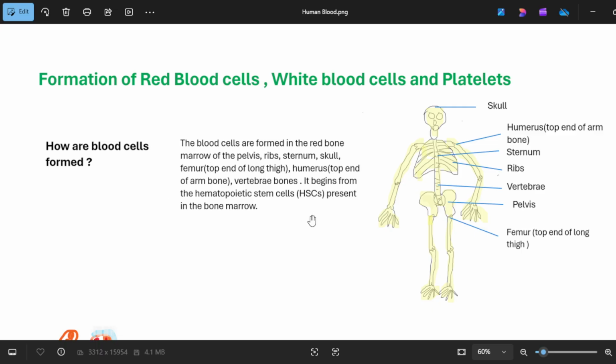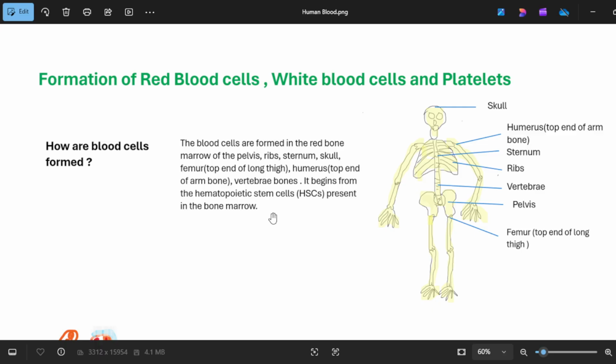Okay, inside that red bone marrow, we have stem cells called hematopoietic stem cells. What are stem cells? Stem cells have the special ability where they can transform to any form of cell it has to be transformed to. So if suppose the body orders, I want red blood cells, it can transform itself to red blood cells or it can mature itself into red blood cells.